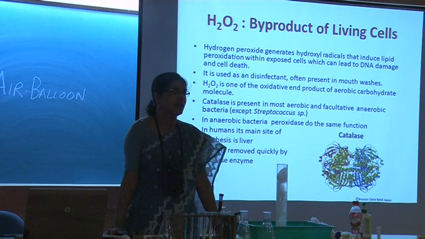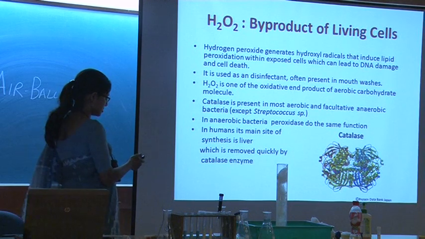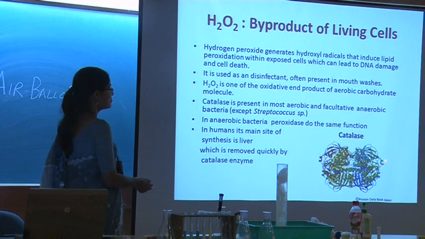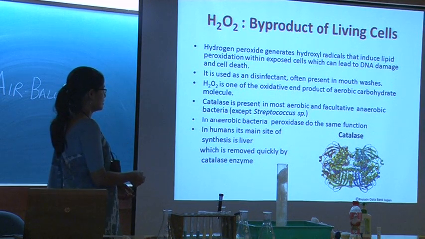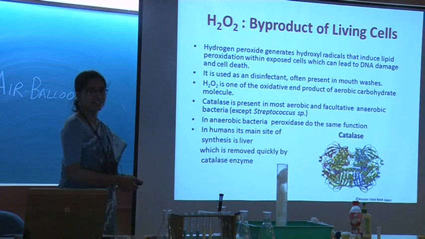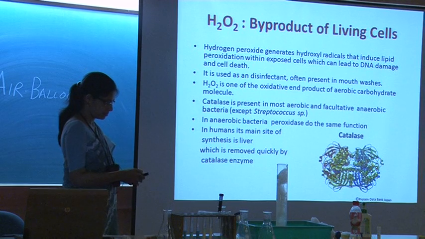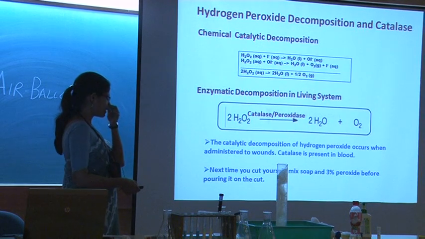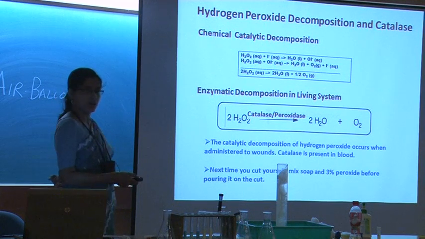Okay? Now, this is the structure of the catalase, which is a protein. This is the crystal structure of catalase. So, in the last talk you heard a lot about crystals, right? So, this is the crystal structure of a protein molecule. Now, this is just the representation of the chemical reaction that is going on.